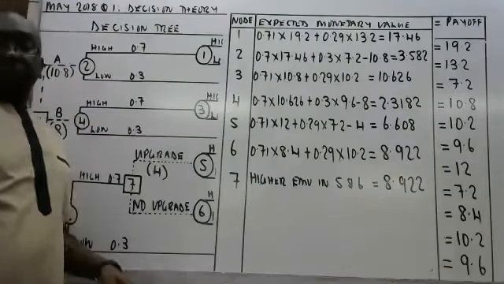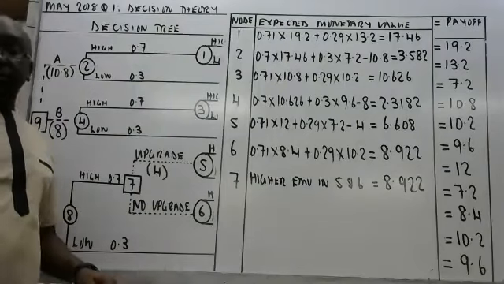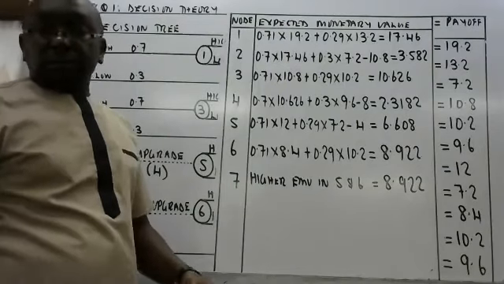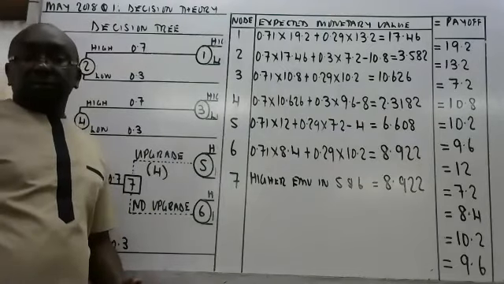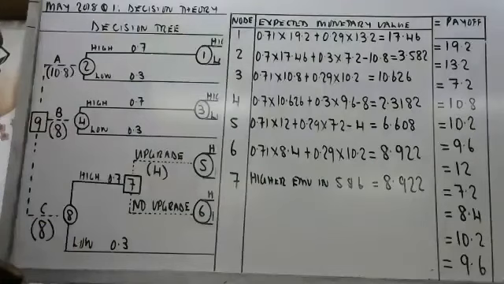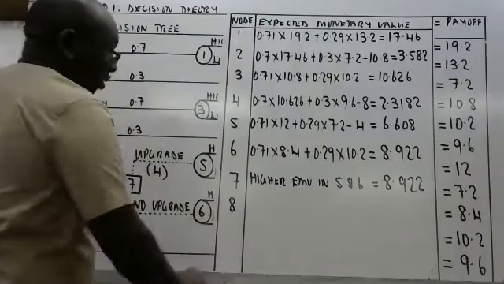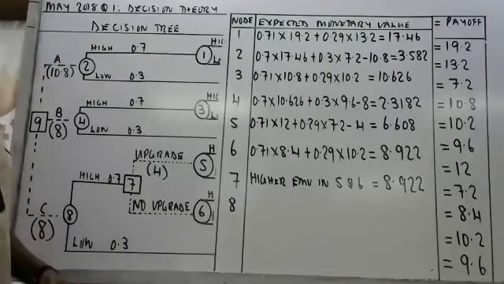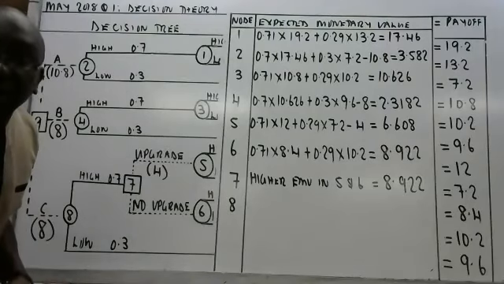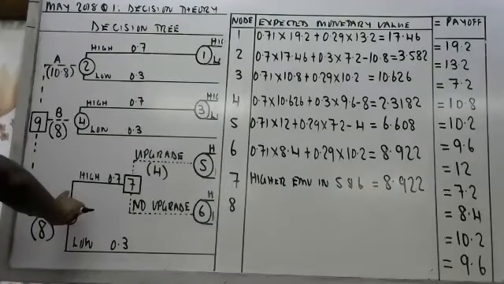Is that so? Okay, yes. Let's go to number 8 now. So number 8, the lines going out are complete.